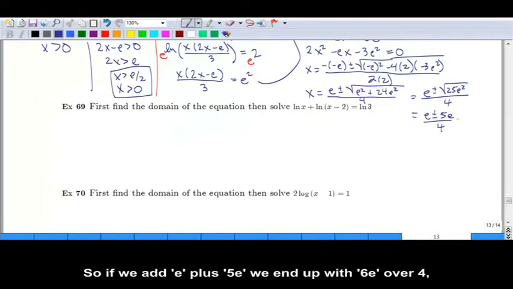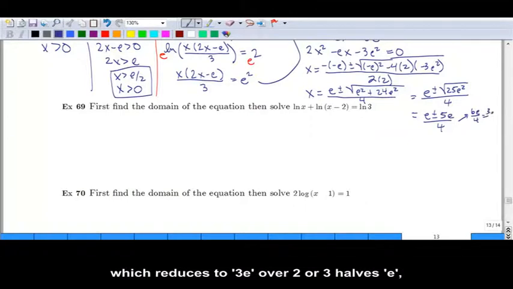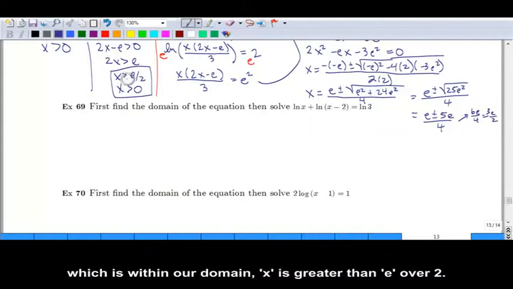So if we add e plus 5e, we end up with 6e over 4, which reduces to 3e over 2, or 3 halves e, which is within our domain x is greater than e over 2.